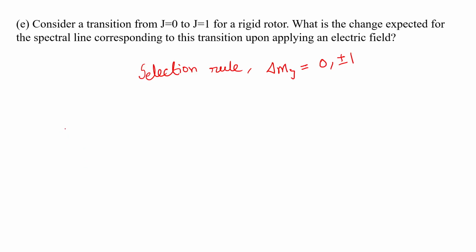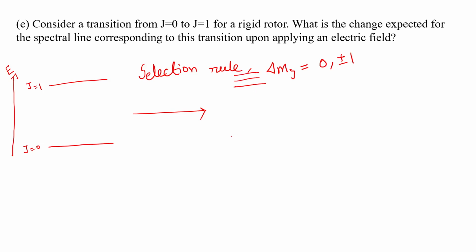Suppose earlier the case was j equals 0 to j equals 1. So this is my energy scale. Now when I have added an external electric field, I am expecting my energy levels to be split like this.